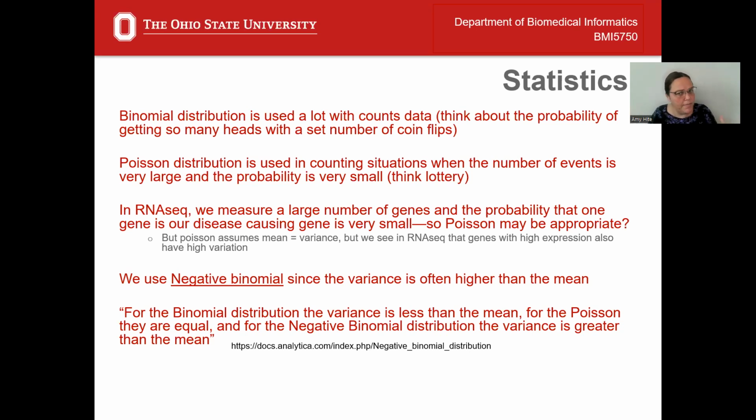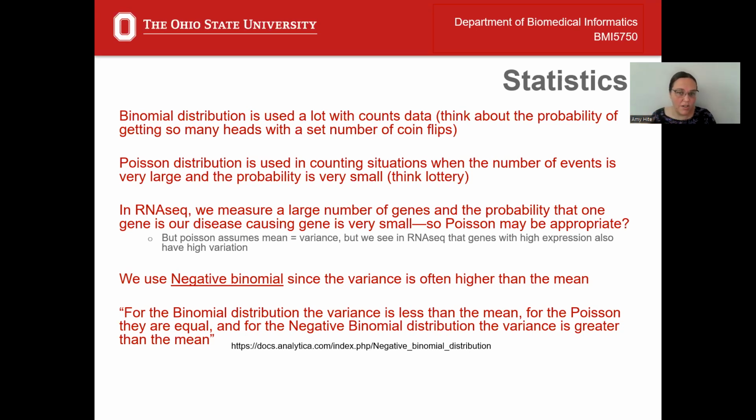So we think maybe the Poisson might be appropriate, but there's a catch. The Poisson assumes that the average in your data is related to the variance directly. It's a 1-to-1 ratio, that the mean equals the variance.